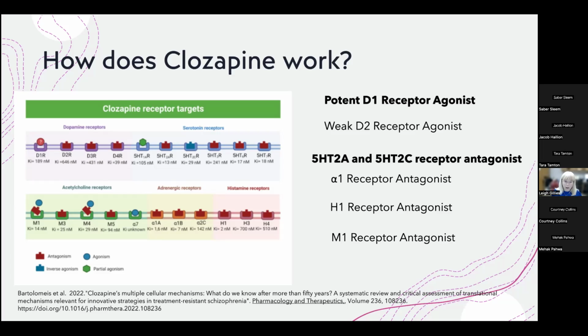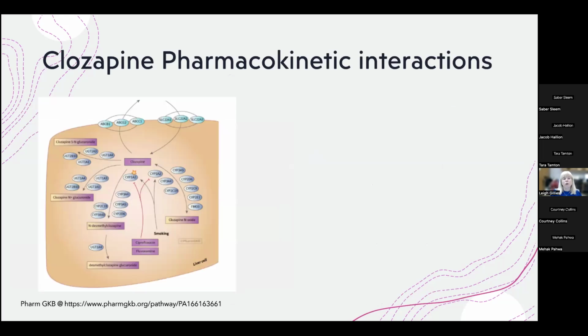The antagonism of alpha-1, H1, and M1 explains a lot of the side effects that we're going to talk about with clozapine and some of the pharmacodynamic interactions that we have to be aware of. While we're talking about all this receptor activity, we're also going to get into the pharmacokinetic interactions of clozapine.